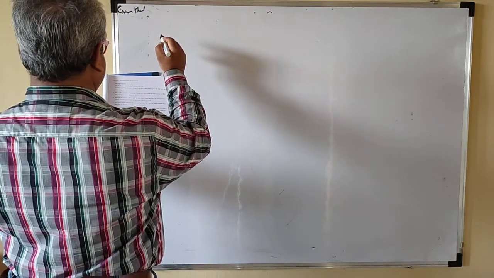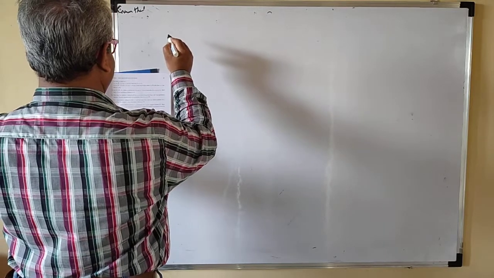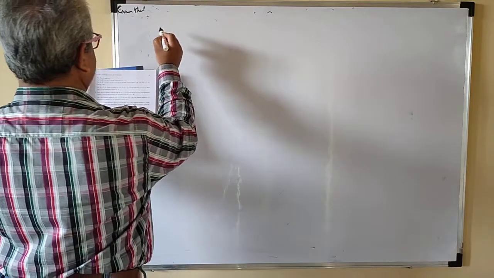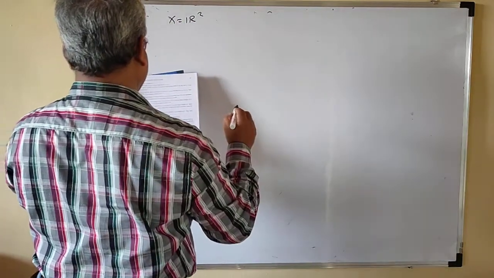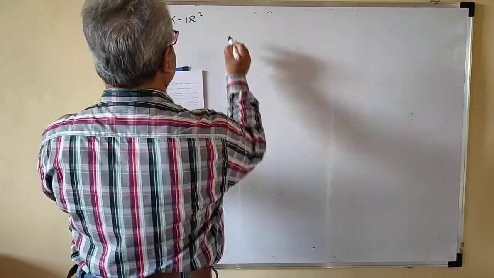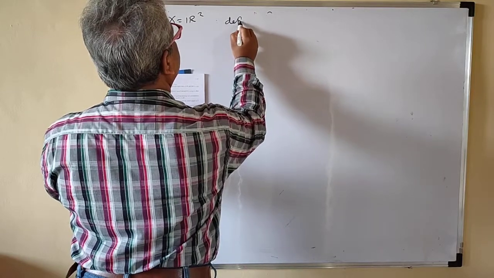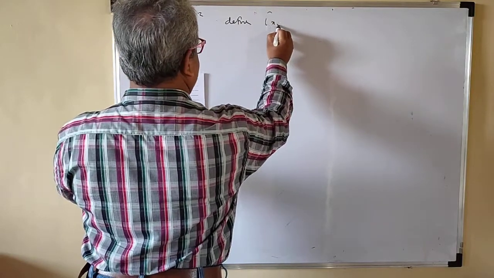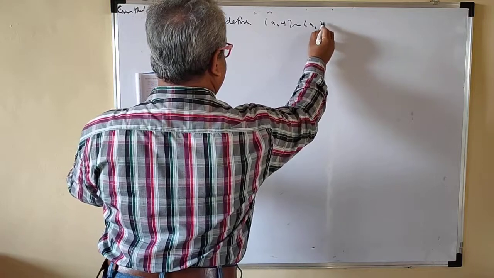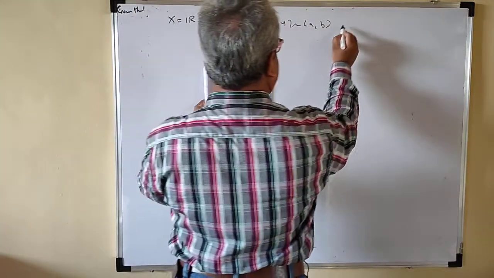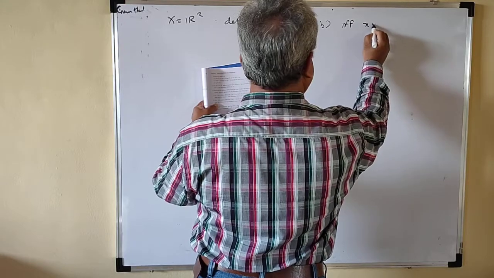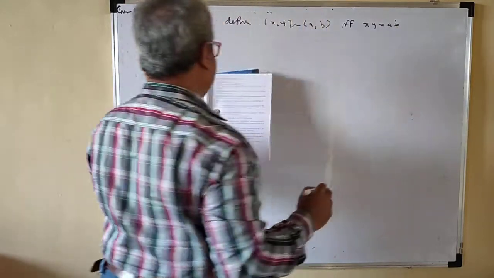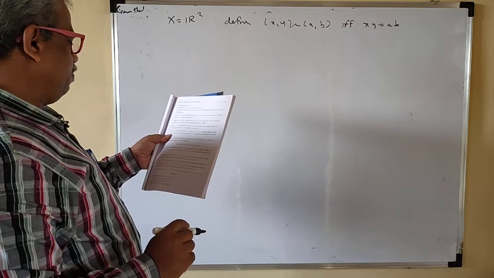Okay, so let X be equal to R2. Define (x,y) related to (a,b) if and only if xy is equal to ab.